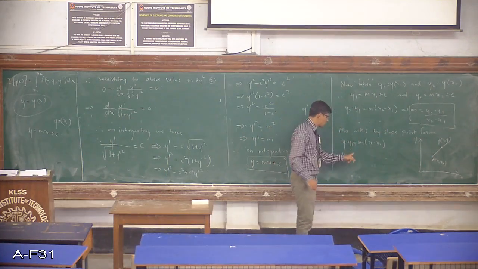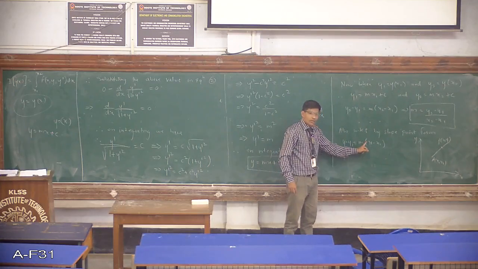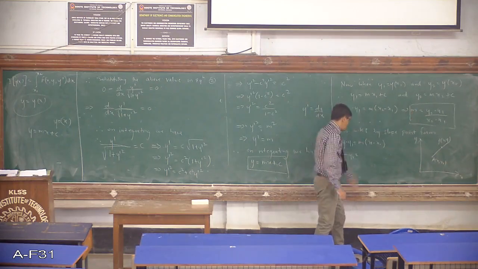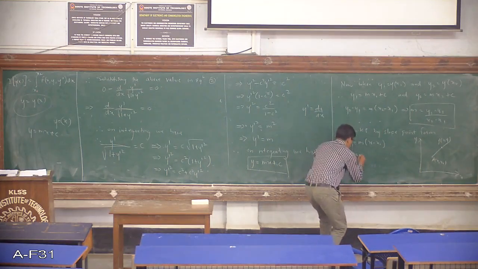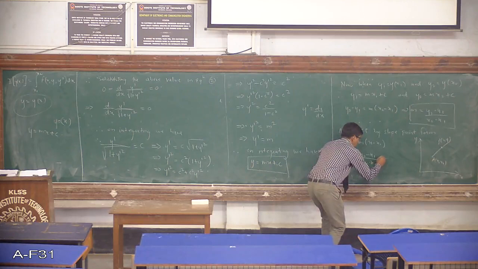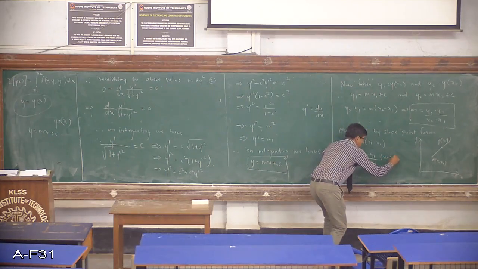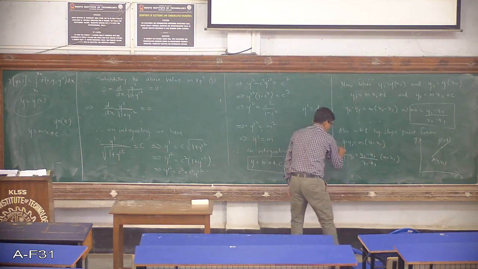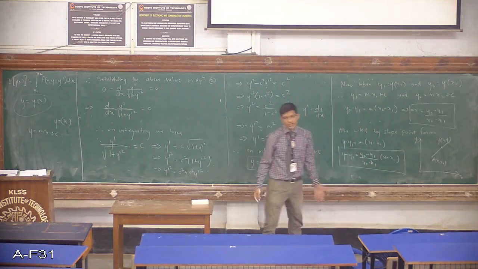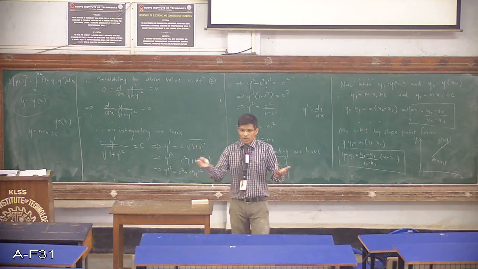So y minus y1 is equal to y2 minus y1 divided by x2 minus x1, into x minus x1. This is also your solution, which is a straight line. So we have proved it by all the means.